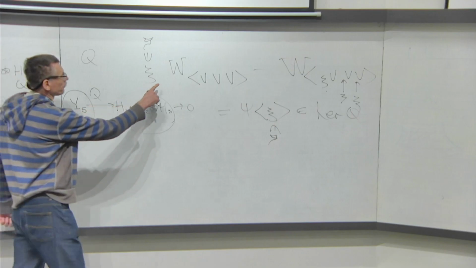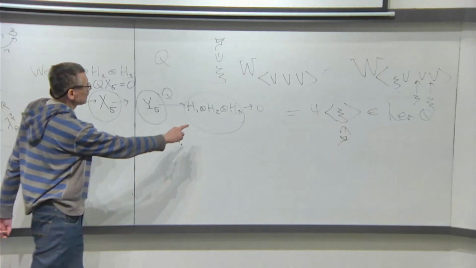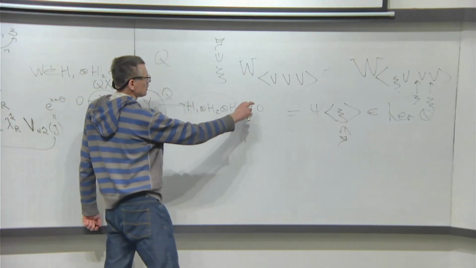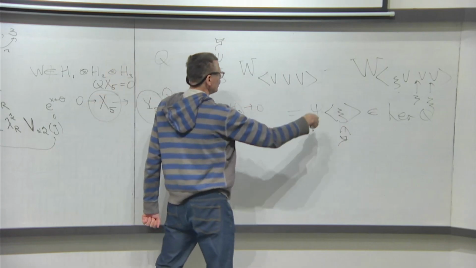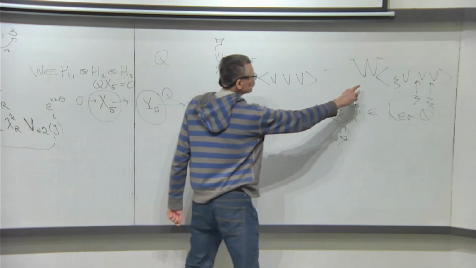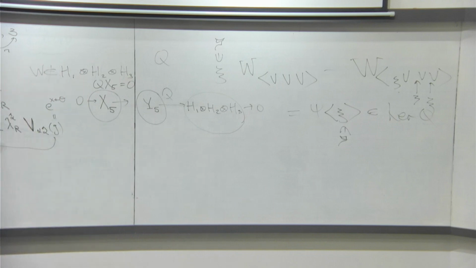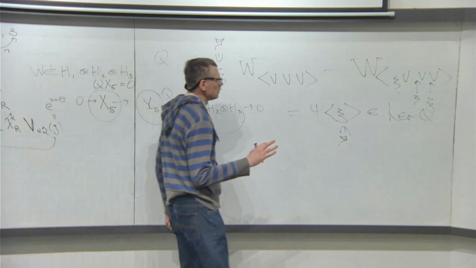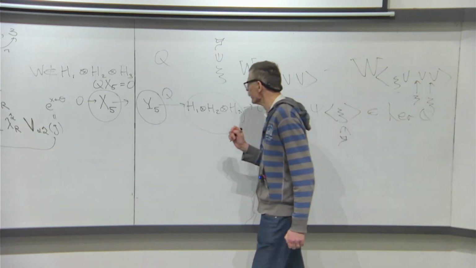Because the cohomology class transforms, because Q of it transforms into the representation of VVV. Q of it is just VVV, so the difference between these two should be in the kernel of Q. But cohomology of Q at the Gauss number 5 is trivial.